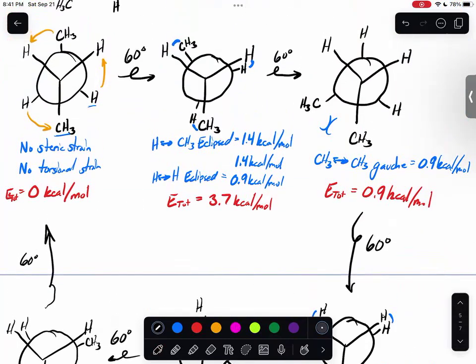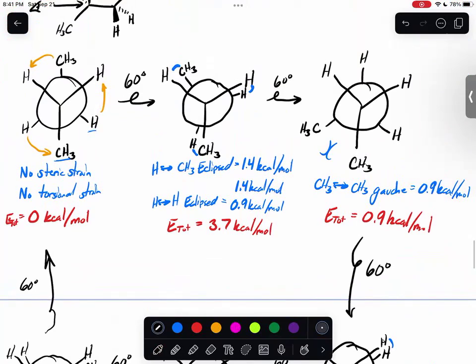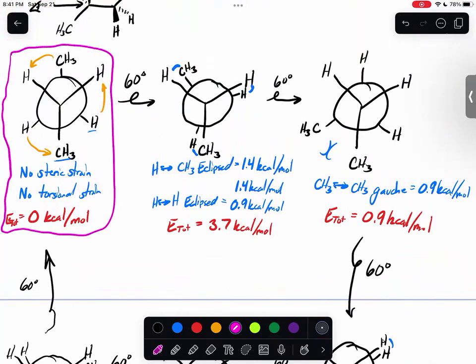So when we think of these conformations, we can say, first of all, that this conformer over here is our lowest energy conformer. It is sitting at 0 kcal per mole. That's as low as you can physically go.